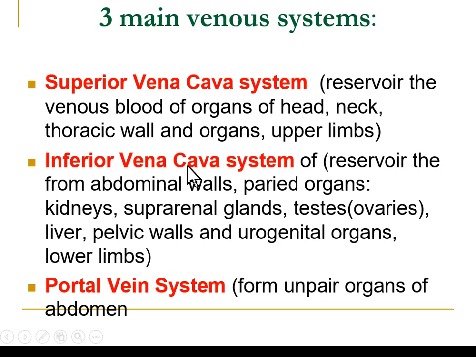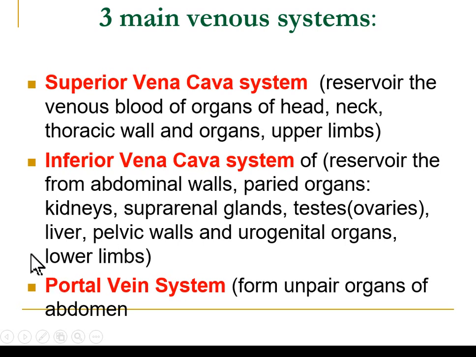Inferior vena cava system, reservoir of the venous blood from the abdominal walls, paired organs of the abdominal cavity, kidneys, suprarenal glands, testes, ovaries, liver, pelvic walls, and urogenital organs and lower limbs.